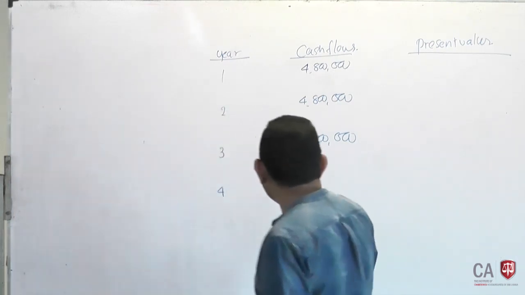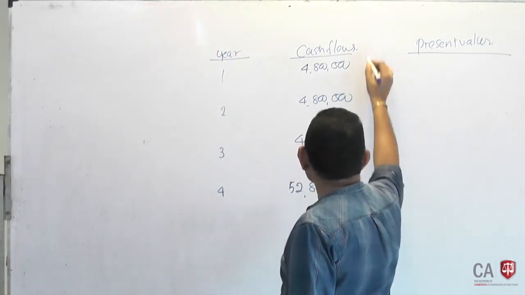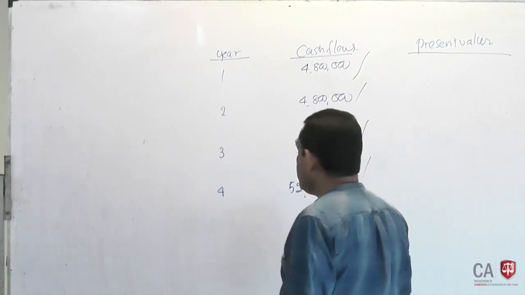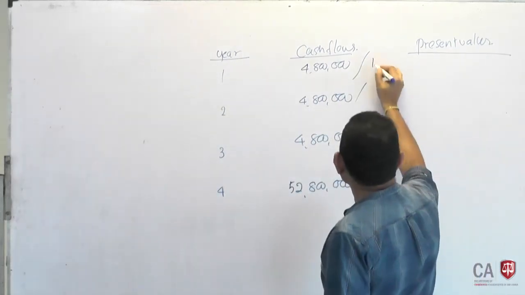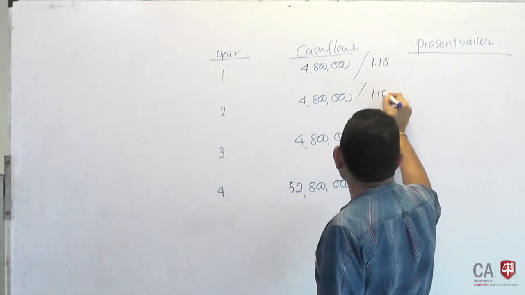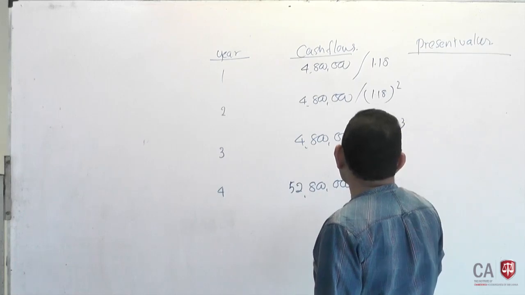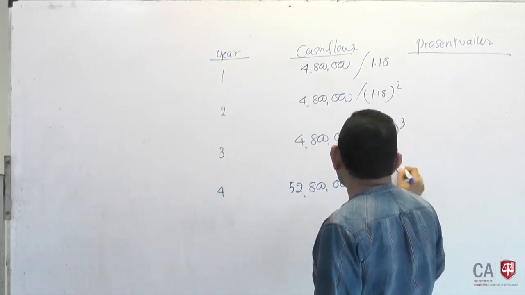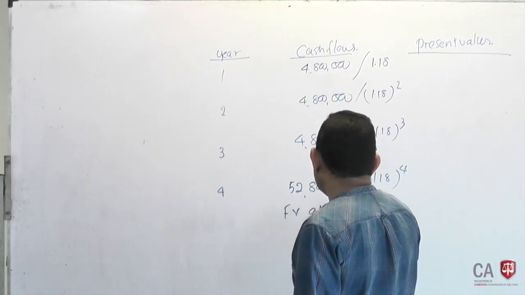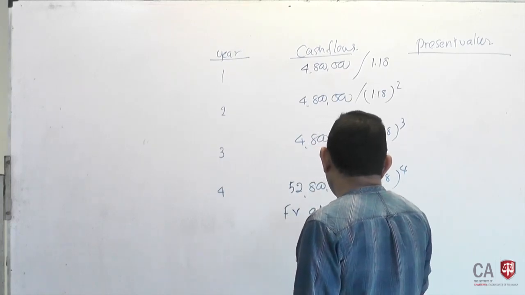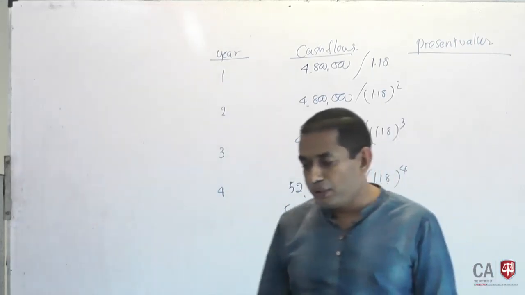So, it is all together 52,800,000 discounted by the market interest rate. How much? 18%: 1.18, 1.18 to the power 2, 1.18 to the power 3, 1.18 to the power 4. Take the fair value of the liability, and the rest can be continued by you.